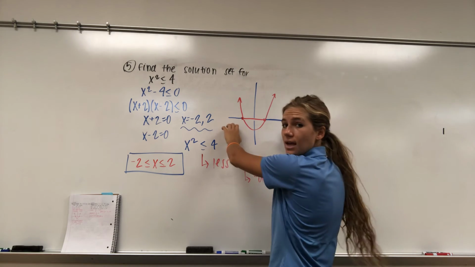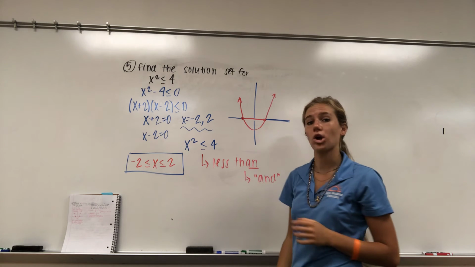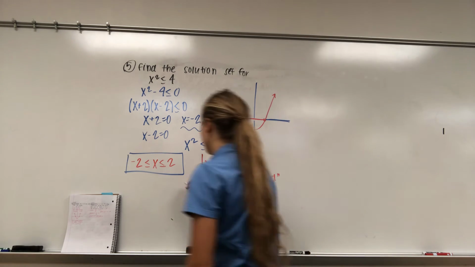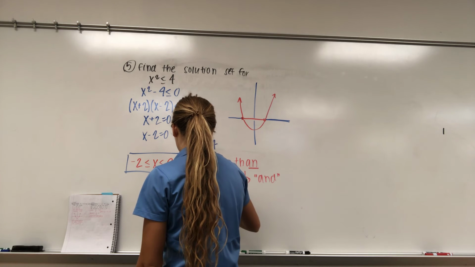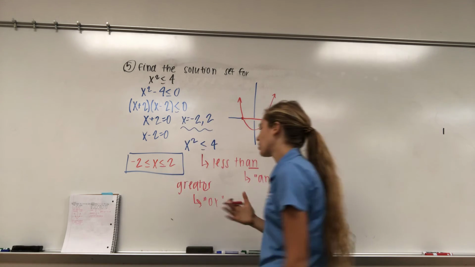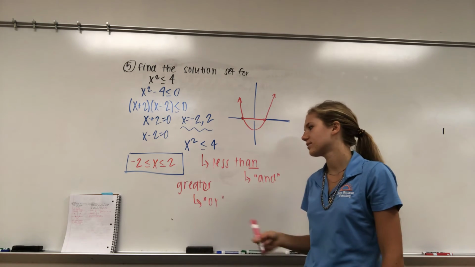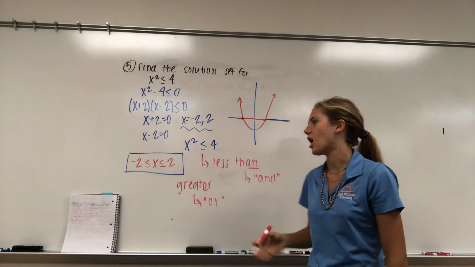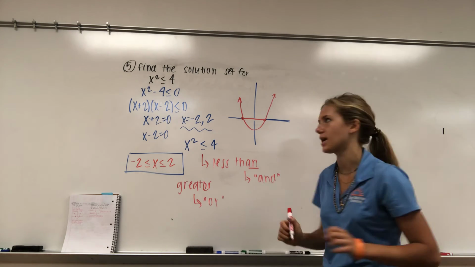If it was the spaces outside of these points, it would have to be x squared is greater than 4. Again, a cheesy remembering tool, but it works nevertheless. So we have greater, which sounds like great or. So that's going to be what we call an or inequality solution set.